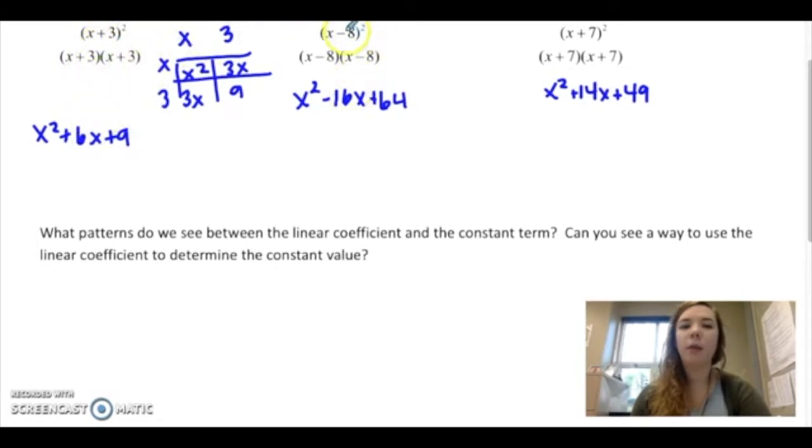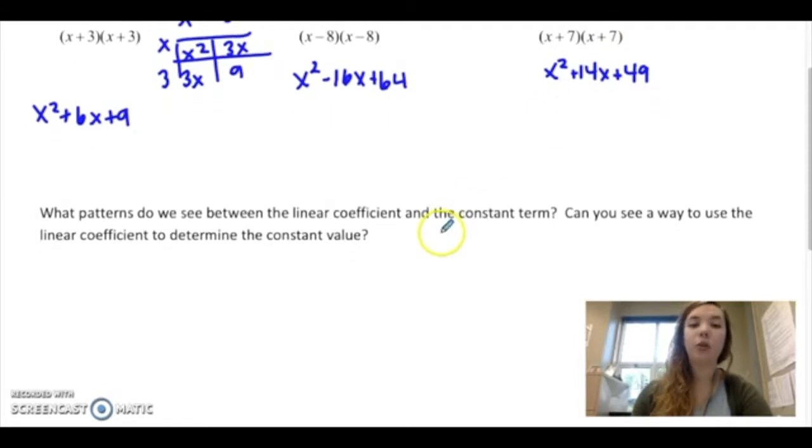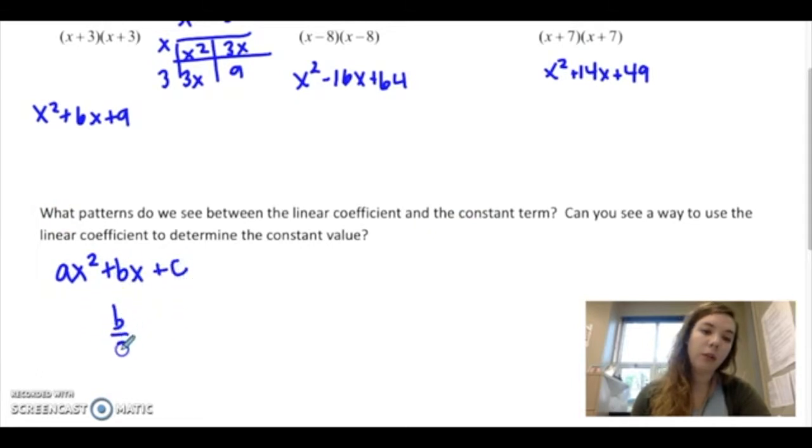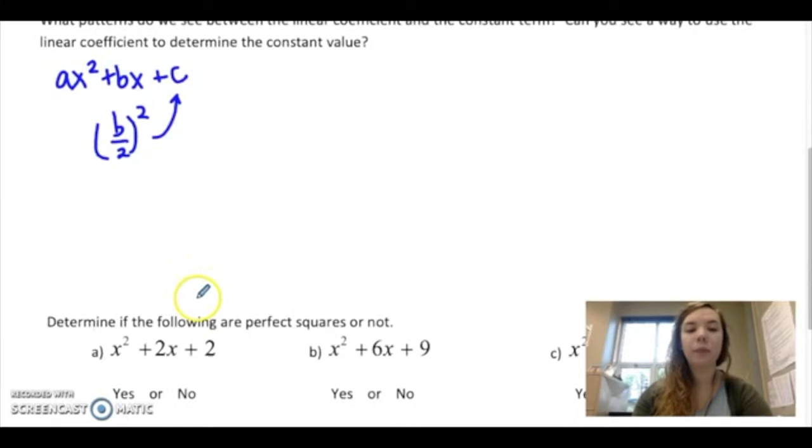Negative 8 is doubled to get negative 16 and squared to get 64. 7 is doubled to get 14 and squared to get 49. So for the middle term, if they're ax squared plus bx plus c, if you take b over 2 and square it, that will give you c.